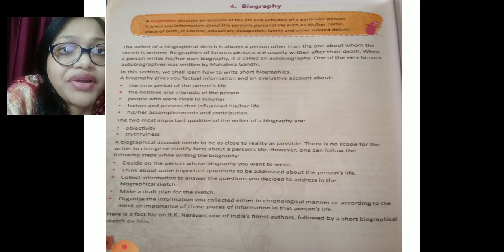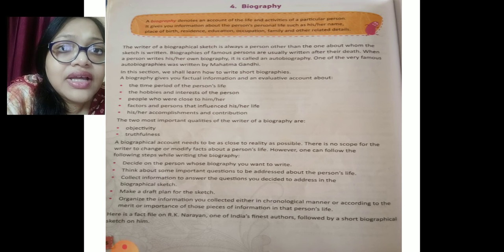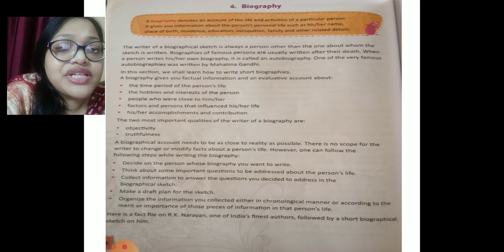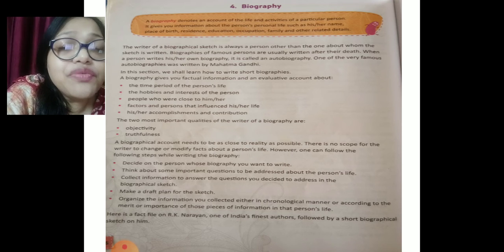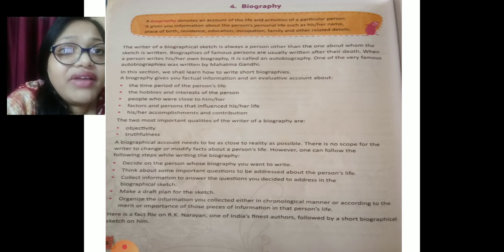Now, while writing a biography, you must follow and evaluate the account of the time period of the person's life, the hobbies and interests of the person, people who were close to him, factors and persons that influenced his or her life, his or her accomplishments and contribution. The two most important qualities of the writer of a biography are objectivity and truthfulness. So you must be very objective and very truthful.